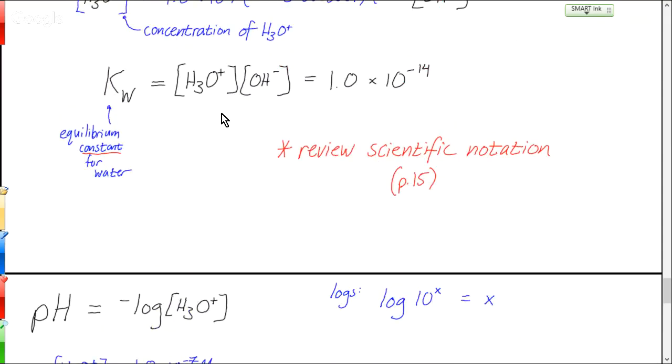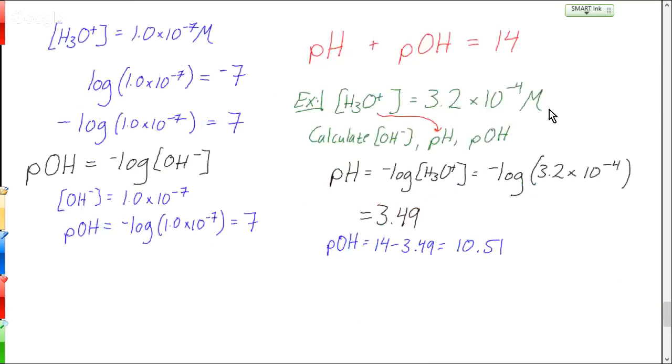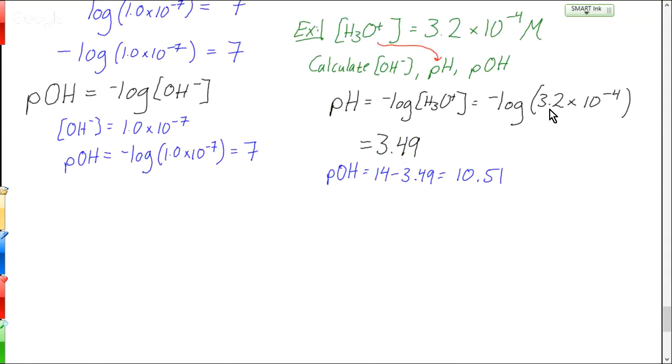So you plug in your hydronium concentration here, and then divide this by that number. Let's look at both ways of doing that. So if the pOH is the negative log of the hydroxide, does anybody know what the opposite of a log is? Like, what do we do to this side to cancel out the log?